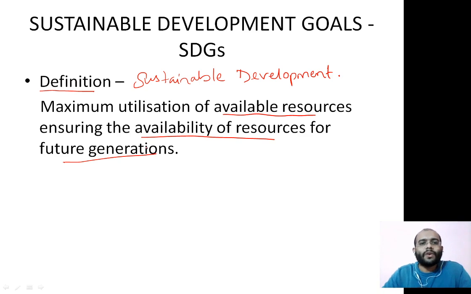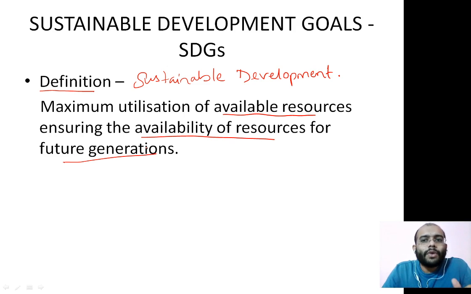We know what economics is. Economics is a behavioral science. It tries to strike a balance between the available resources and the growth of a society or a nation. Why is it very important? Because the resources we have are limited. There is a resource crunch.